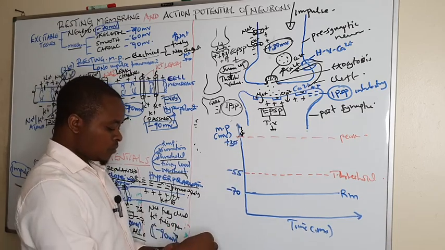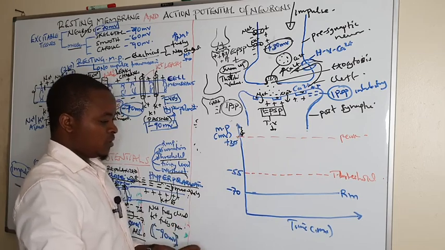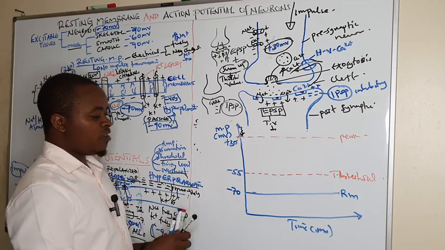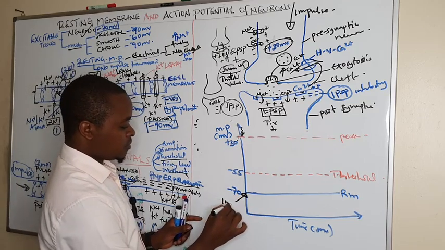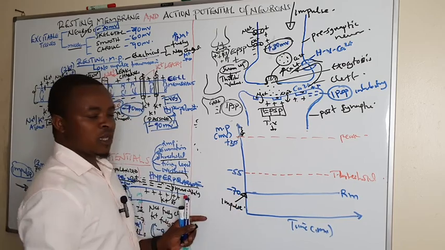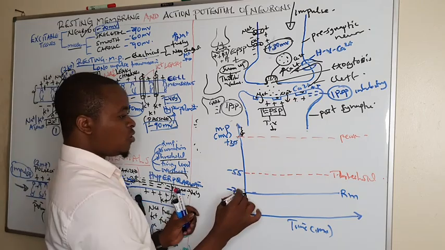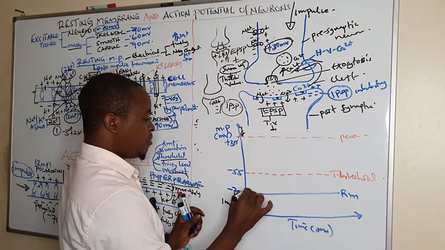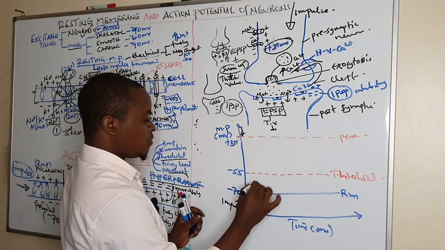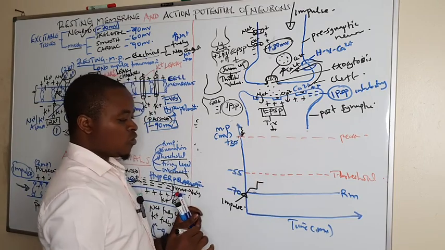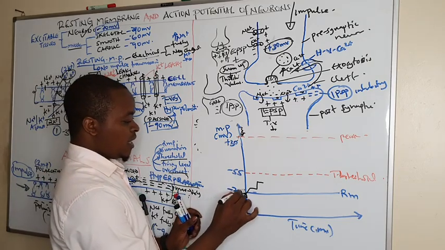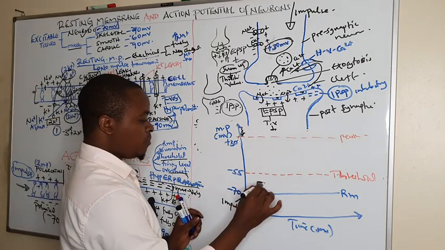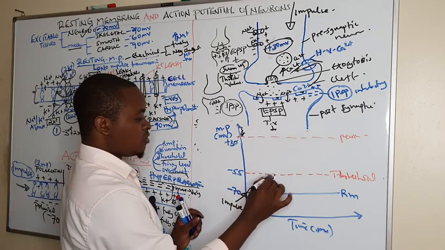So what we are going to see is that the arrival of an impulse, if there is an impulse exciting our neuron, is going to cause depolarization of the membrane potential. And when depolarization happens, it has to sum up to reach the threshold value.